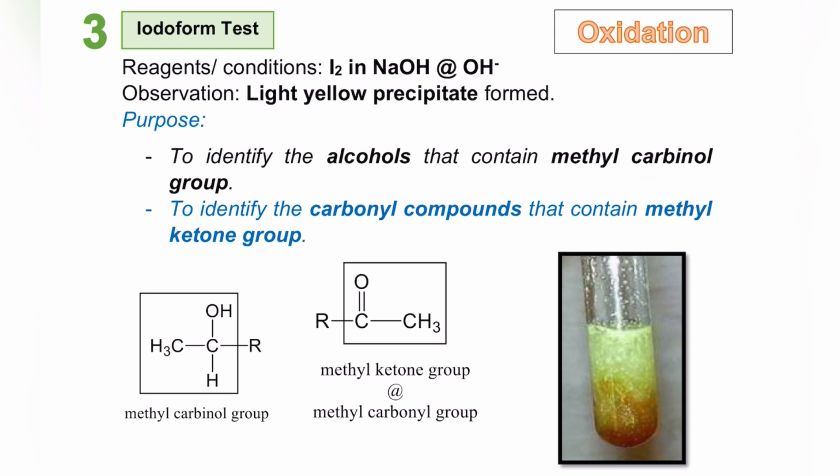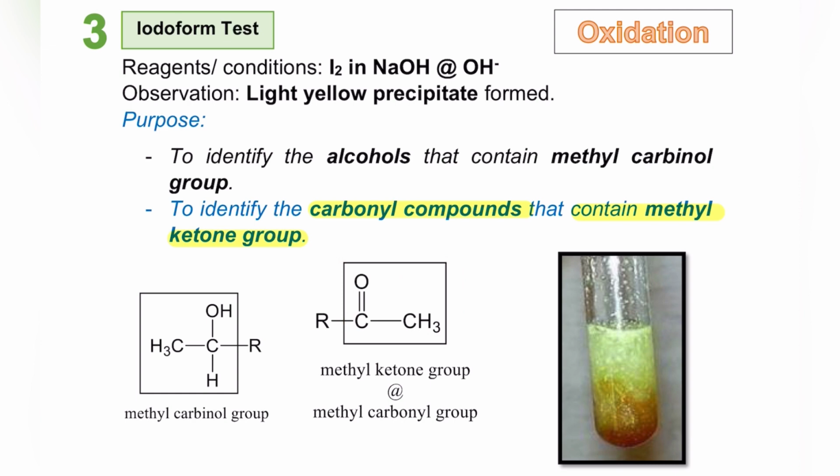However, you also can use the same test to identify the carbonyl compounds that contain methyl ketone group. So what does it mean by methyl ketone group? For example, this one, I have C double bond O and bonded to methyl, and it must be this one, the one that I squared the shape.